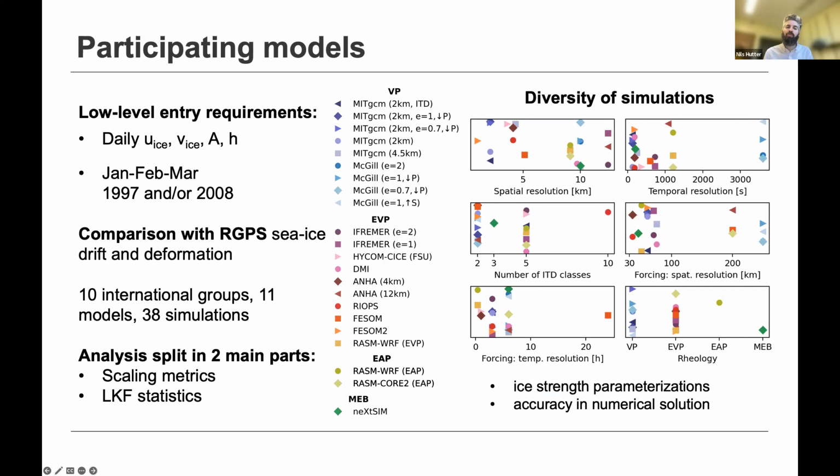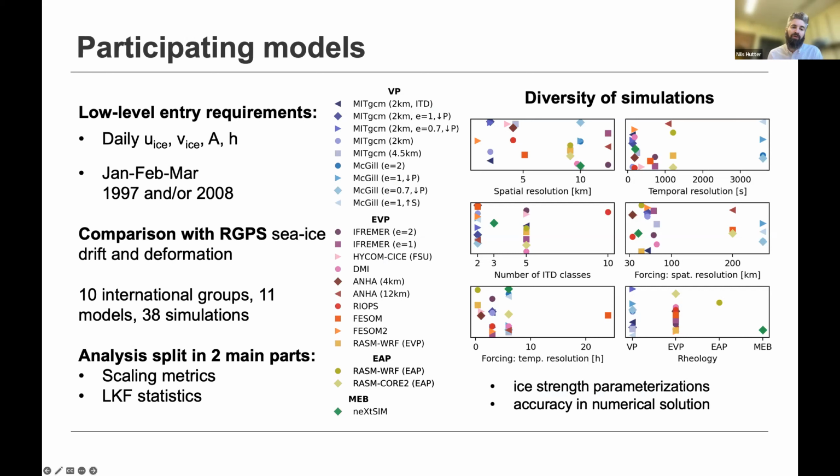And we wanted to compare sea ice deformations of 2 winters, namely January, February, March of 1997 and 2008, with RGPS, which is a satellite sea ice drift and deformation data set that is done by tracking ice in SAR images. And what models needed to do to participate is basically submit for those 3 months, for at least 1 year, daily ice velocities, concentration, and thickness fields.